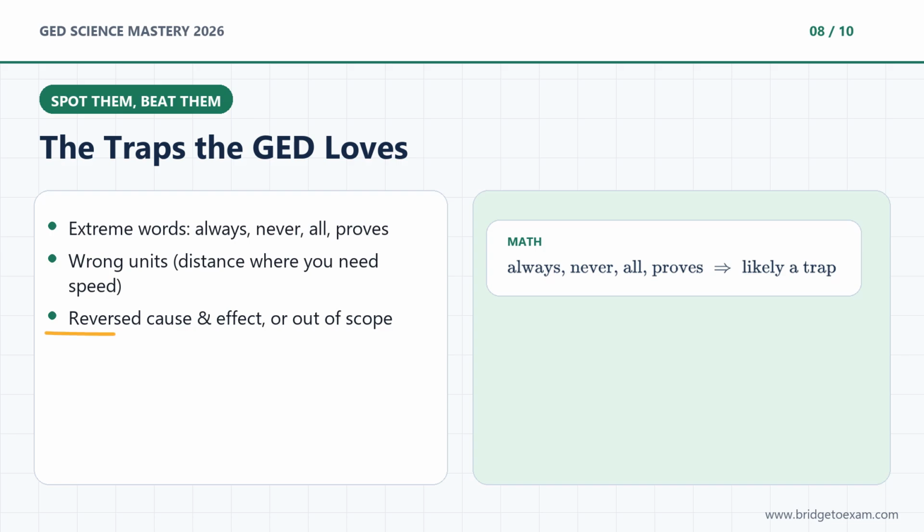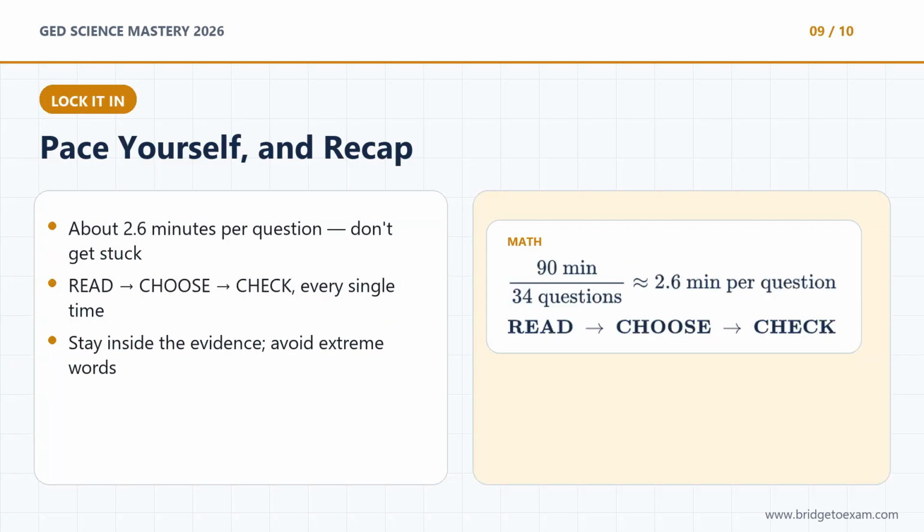The third is reversed cause and effect, where the choice flips which thing caused which. The fourth is going out of scope, a statement that sounds true, but the passage never actually measured it. When you hit the check step, run down this short list and a lot of tempting wrong answers will fall away.